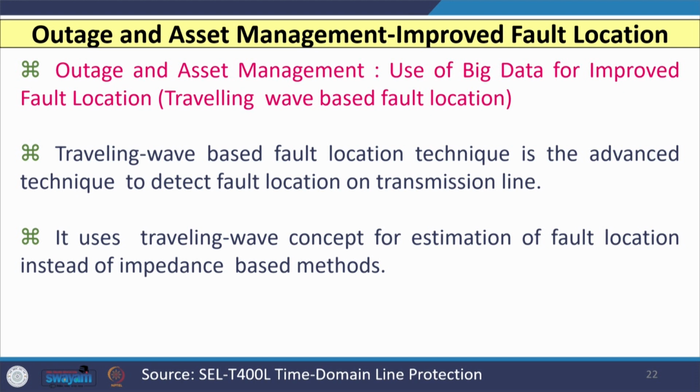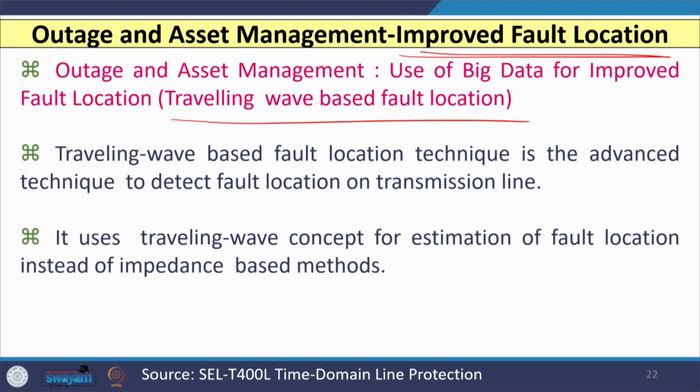So, if I consider one of the applications in outage and asset management, the improved fault location technique, we can have this type of algorithm, and these algorithms are based on travelling waves. In earlier cases most of the utilities used impedance based fault location algorithms. Maybe some different algorithms are available in impedance based also.